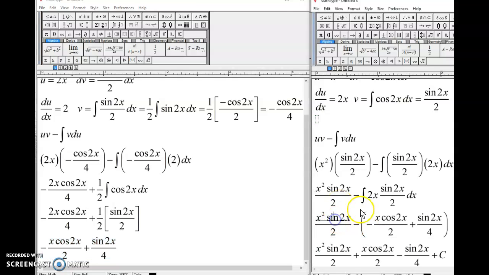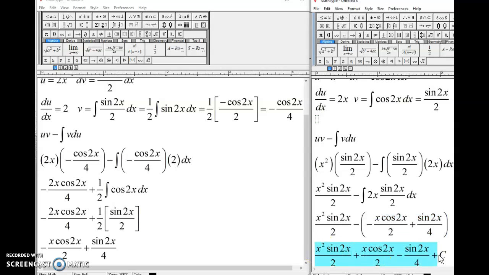So the next thing to do is to substitute it back in our original steps, and please take note of the signs so that you don't make a mistake later. Okay, and you expand it, and this is what you get.